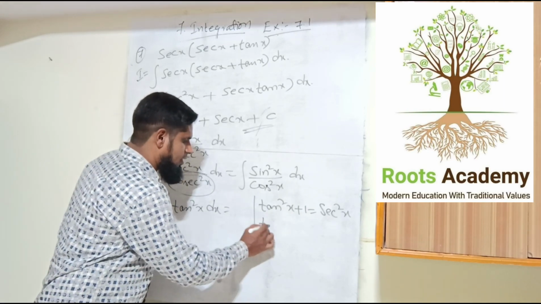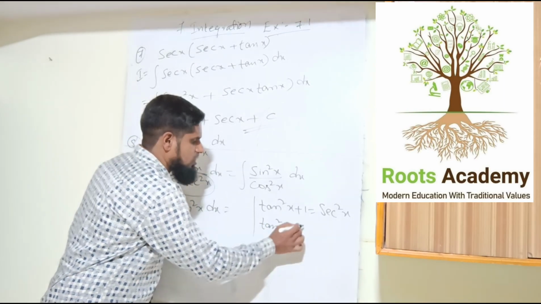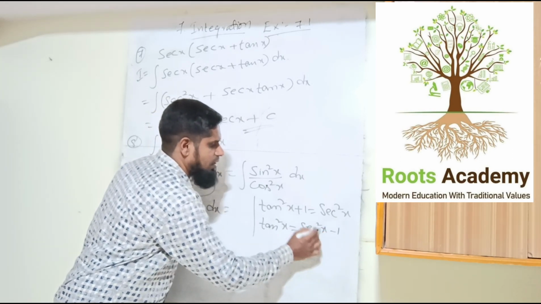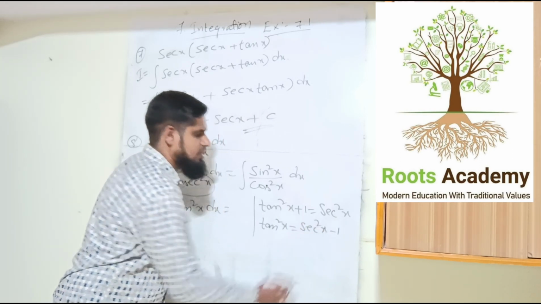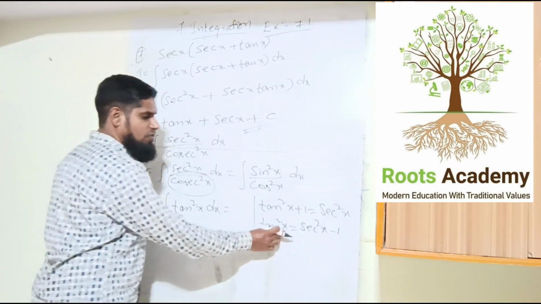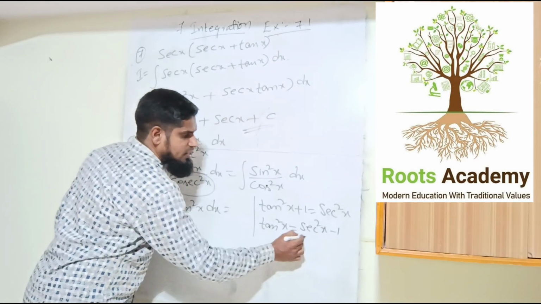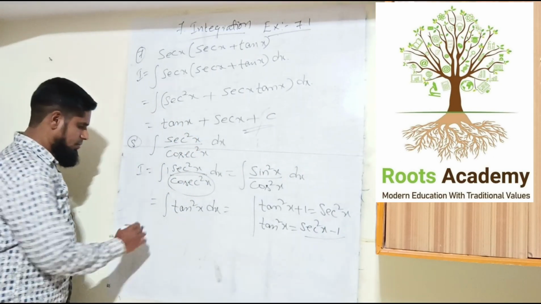So what is tan square? Tan square x is equal to secant square x minus 1. So instead of integrating tan square, let us integrate secant square x minus 1.